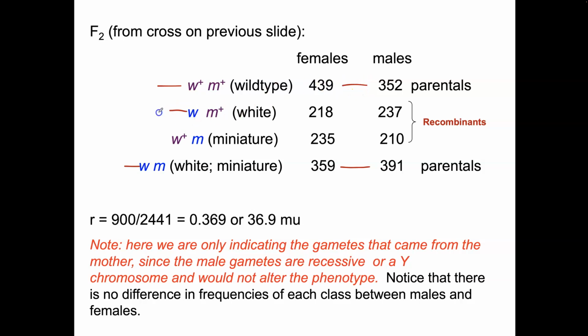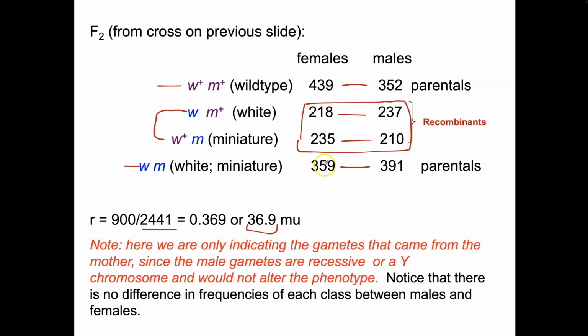And then there are the recombinant types, and there's quite a few of them, but they are smaller in frequency than the parental types. And we can calculate a map distance, and it's okay to just include all the data here, add up all the recombinants and divide by the total. So 900 divided by 2441, which gives us 36.9 map units.